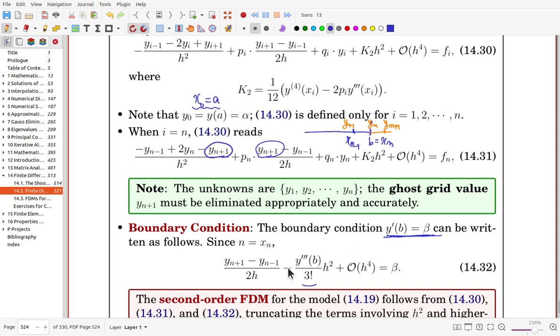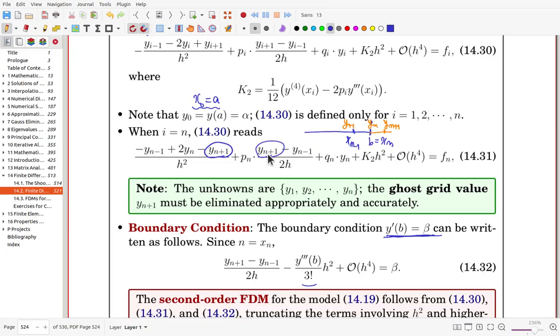Okay. So from this one, y n plus 1 can be expressed by using the known given value and y n minus 1. You can solve this equation for y n plus 1, and then you can replace y n plus 1 here. Then everything is okay.